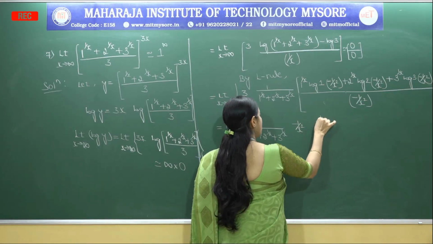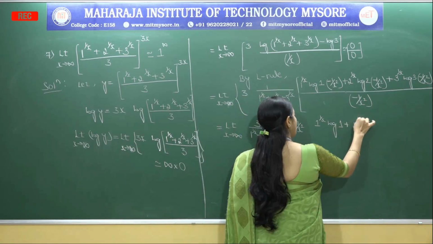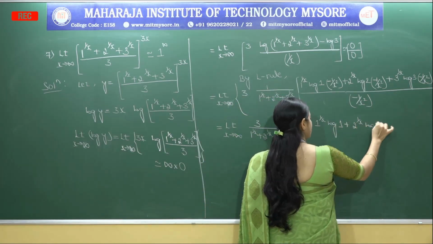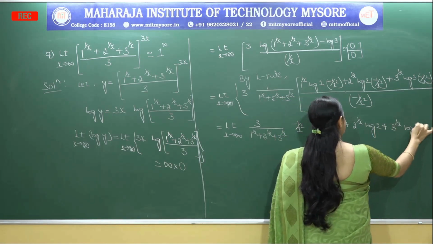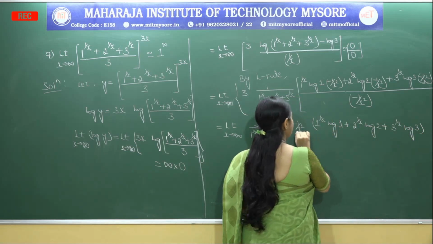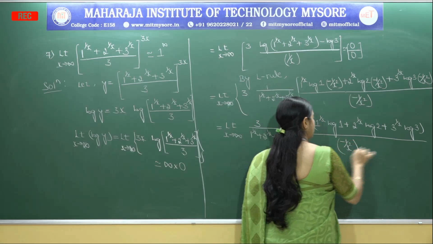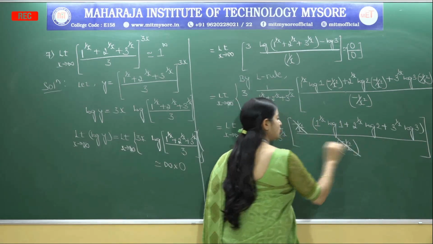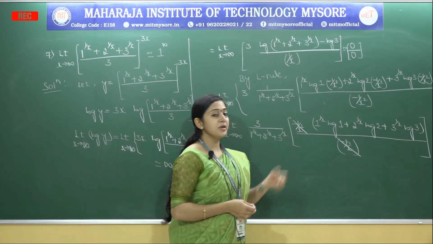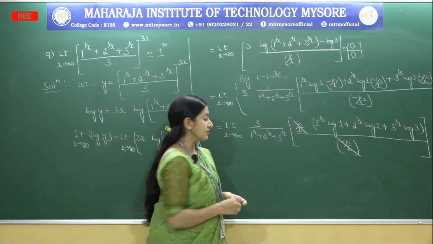First term 1^(1/x) into log 1, second term 2^(1/x) into log 2, third one 3^(1/x) into log 3. Denominator, you have minus 1/x square. So cancel these two, then apply the limit as x tends to infinity, and you will get the answer.